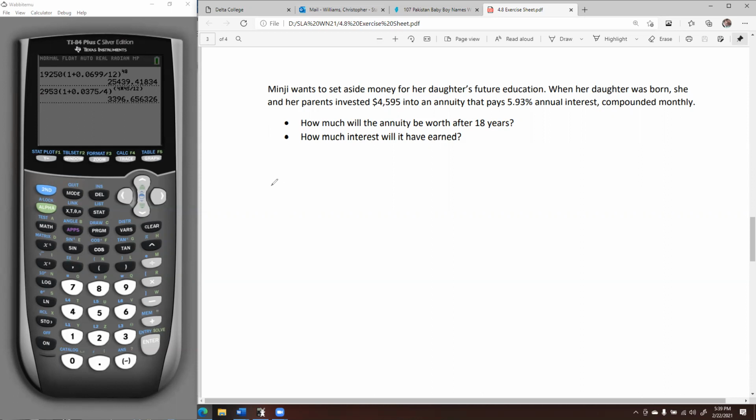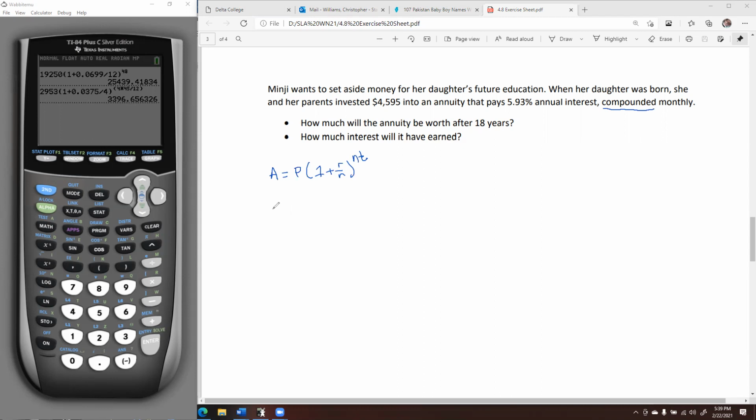All right, so I decided, looking at this, well, there's our keyword, compounded. So we're going to be using our compound interest formula. And once again, that's A equals P times the quantity, 1 plus R over N to the NT.